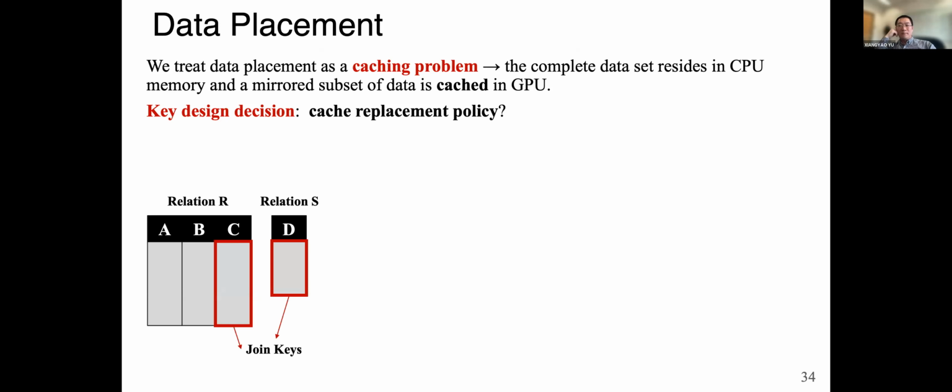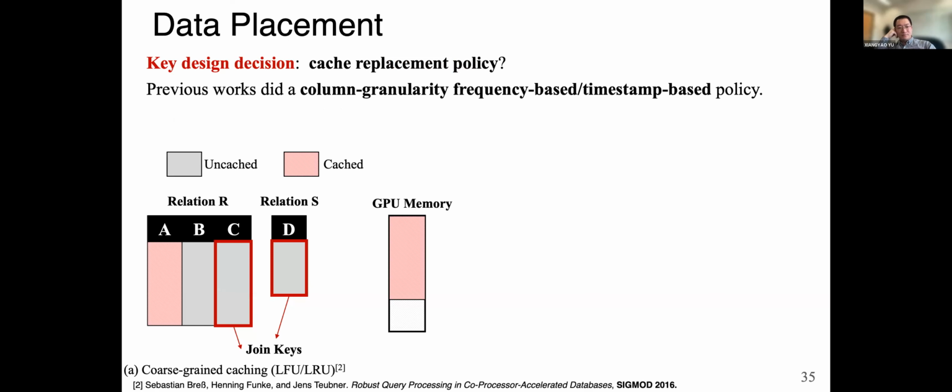Let's say these are our two relations. We have R and S, and they join, and the join key is column C and column D. A lot of prior work does coarse-grained caching, which means they always try to cache the entire column.